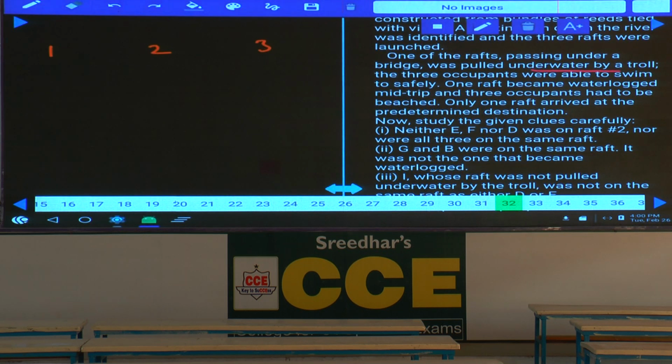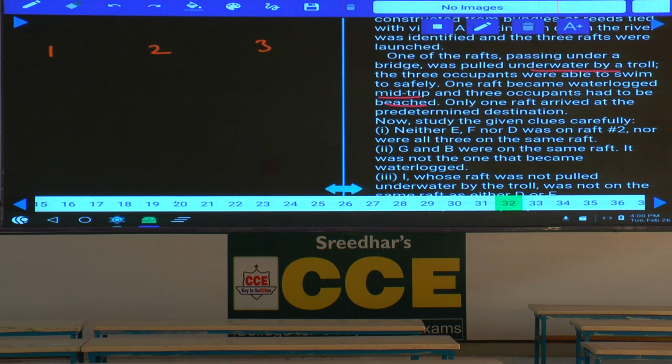And the 3 occupants were able to swim to safety. Then another raft became waterlogged mid-trip, and the 3 occupants had to be rescued, isn't it? Then only one raft arrived at the predetermined destination. Among these 3, one was waterlogged, another was pulled by a trawl, and one reached safely. In each of these rafts, how many persons are there? 3 persons are there.